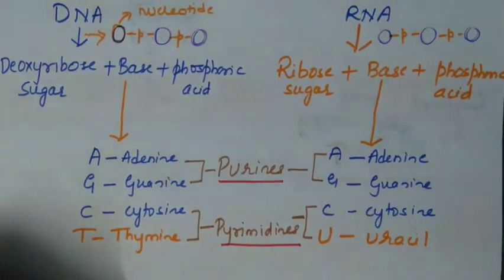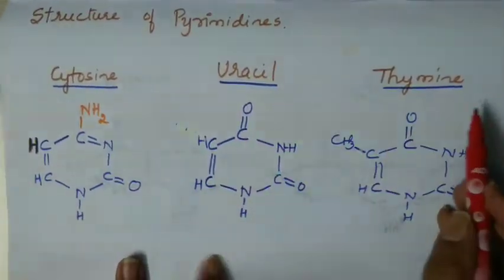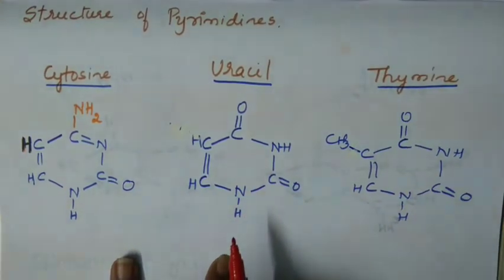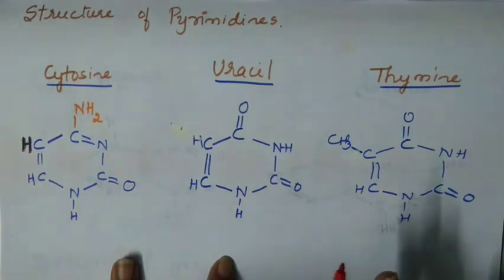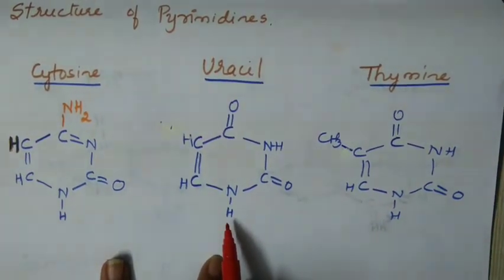Now coming to the structures of pyrimidines. Which are the pyrimidines present? Cytosine, uracil and thymine. You will get the structures of these in the textbook also. So I will teach you how to remember them. Now concentrate on the structure of uracil.